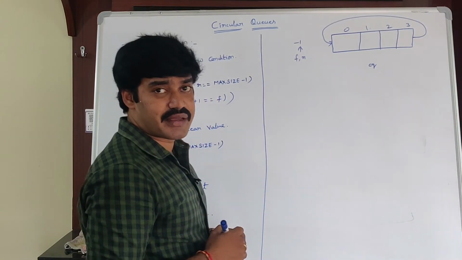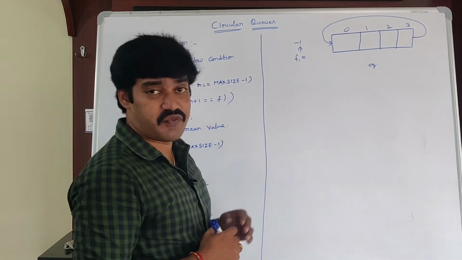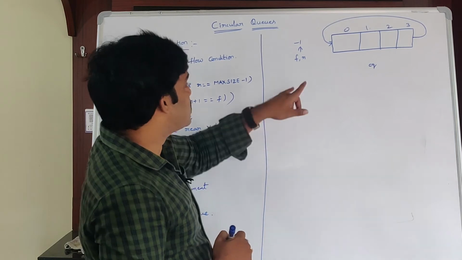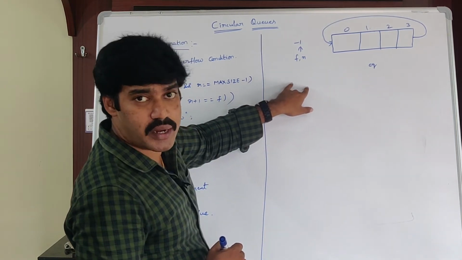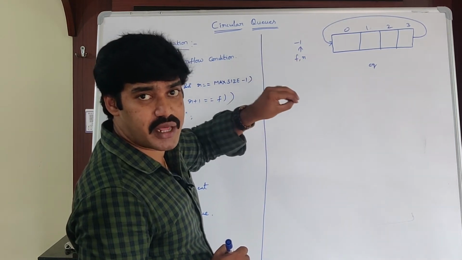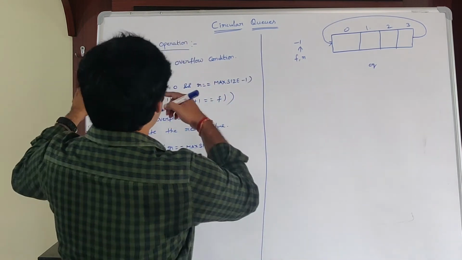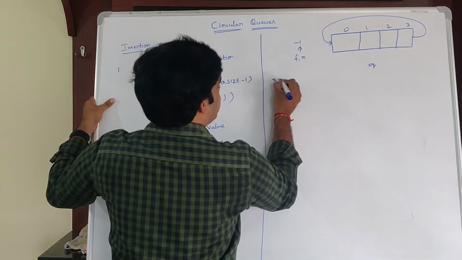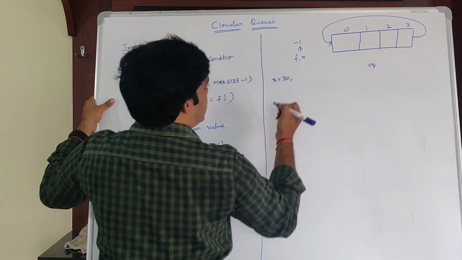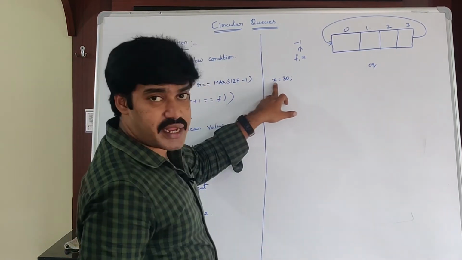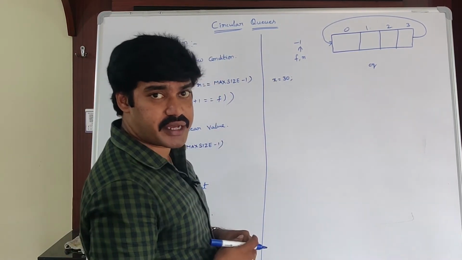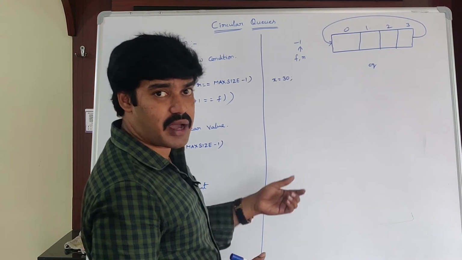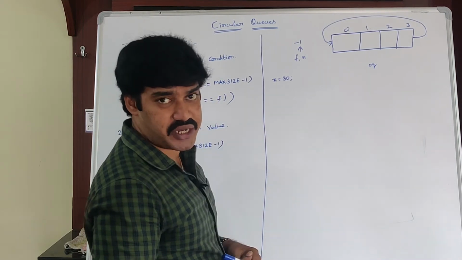Consider the empty circular queue data structure with the size 4, that is max size is 4. Initially front and rear both point to minus 1, that indicates our circular queue is empty. Assume I want to insert an element 30 into the circular queue data structure. For that purpose, I am calling the insert function.